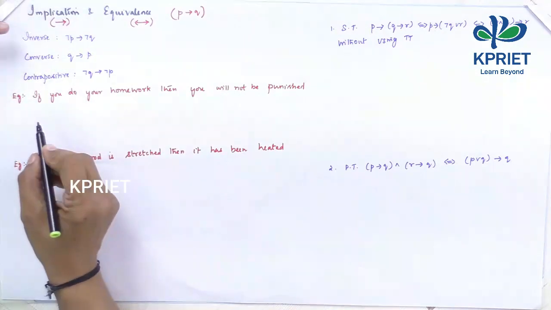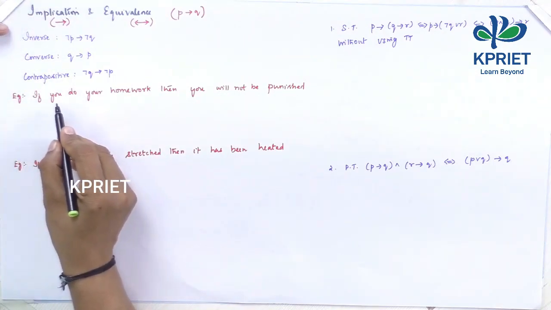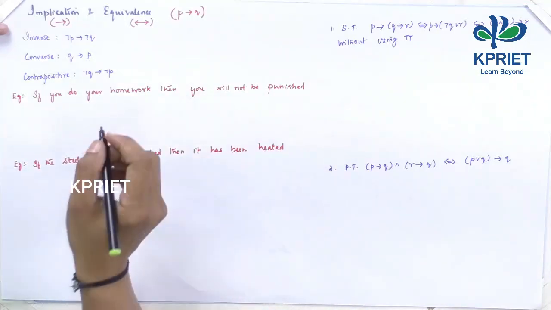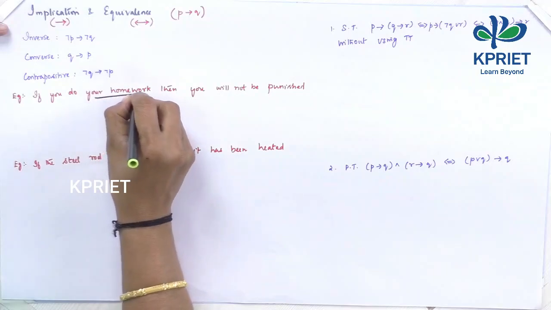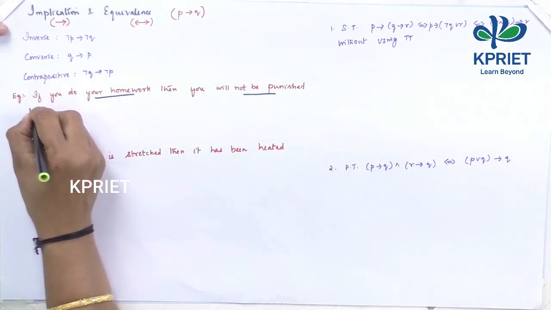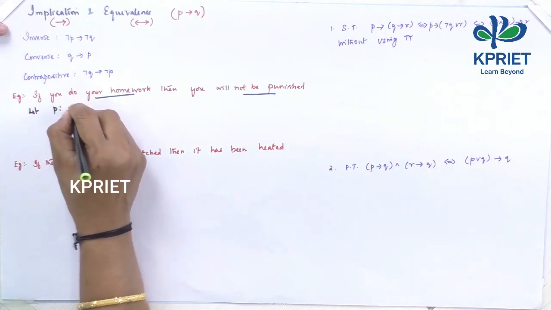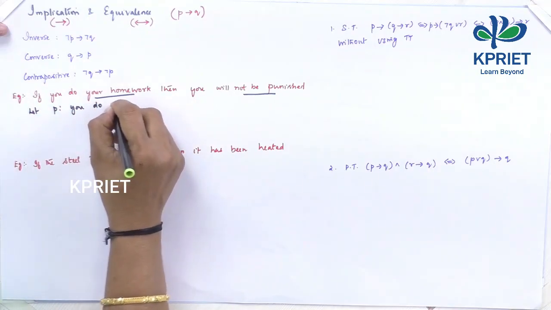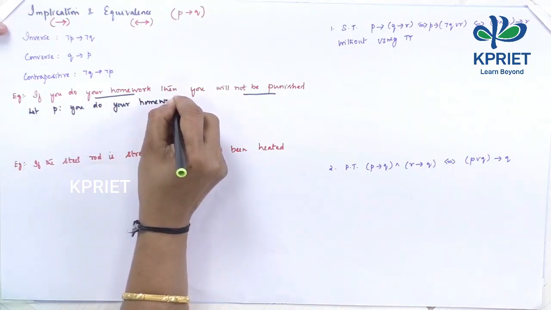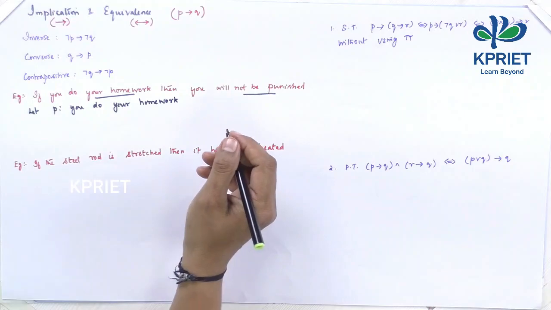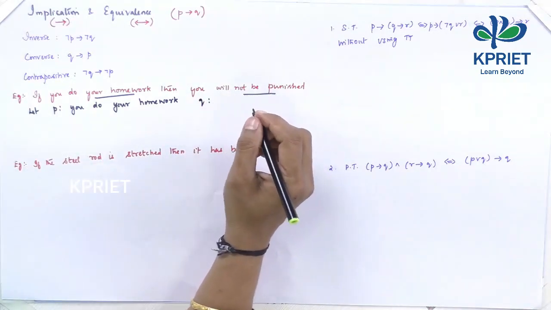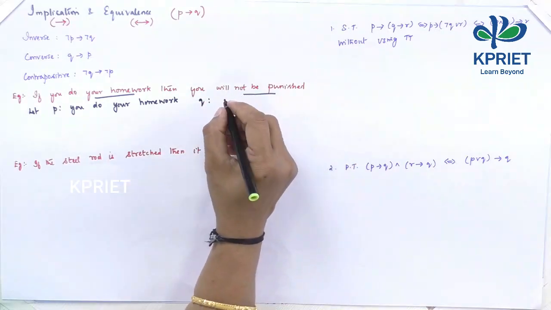So now let us see an example. If you do your homework, then you will not be punished. What are the keywords? You do your homework, you will not be punished. Let me take P to be: you do your homework. Now Q we will take to be: you will not be punished.